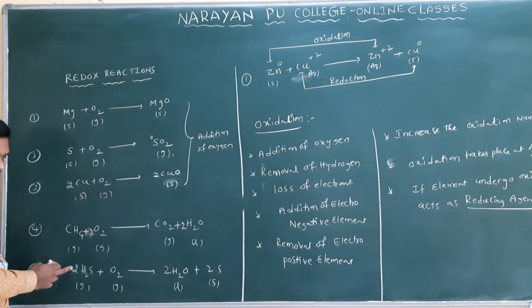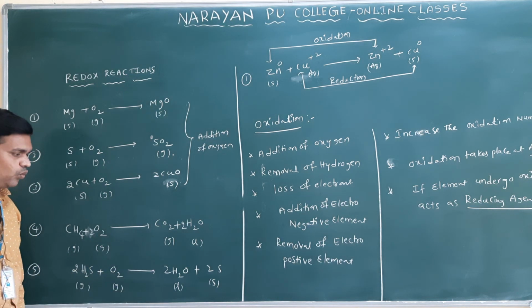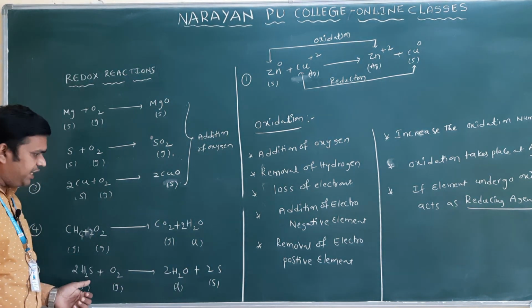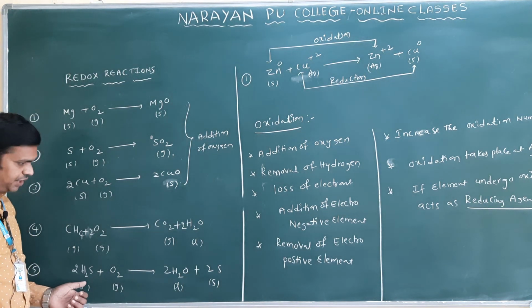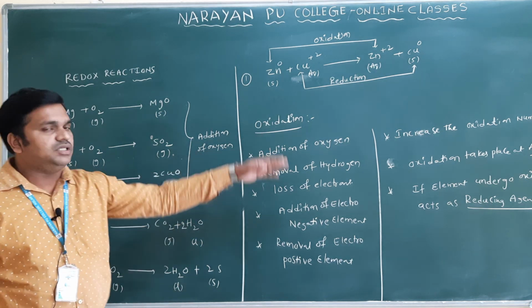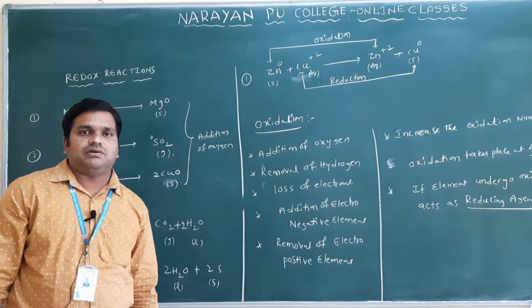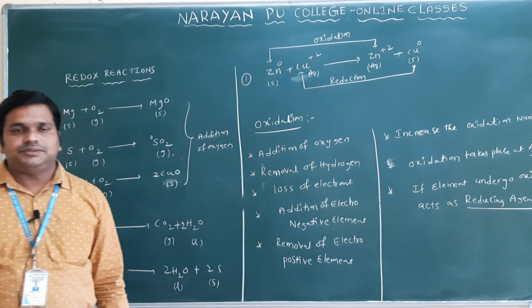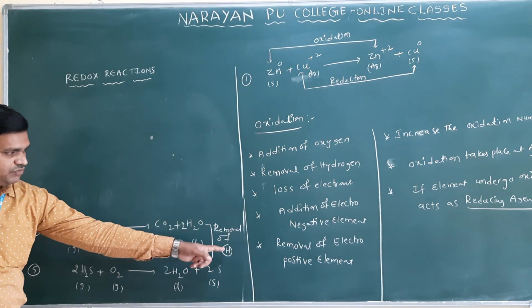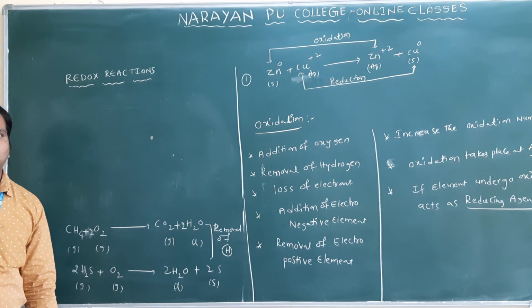Hydrogen sulfide is converted into water plus sulfur. Here also we remove the hydrogen from sulfur. So these two are examples of oxidation only, the reactions of removal of hydrogen only.